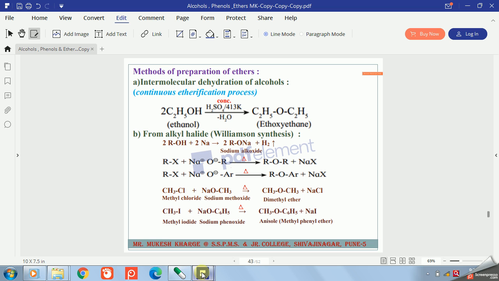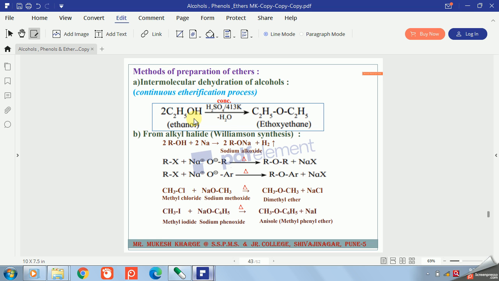But if we take a higher temperature, 453 Kelvin, then we get the elimination product. What is the elimination product?